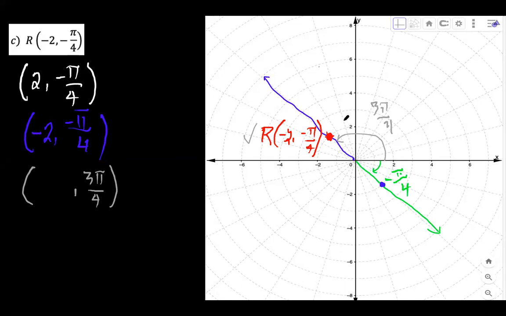And the radius, since it's positive, that's 2. Here we go. And what are the other points that we can identify that share the same location with point R? We can make use of the negative angles.